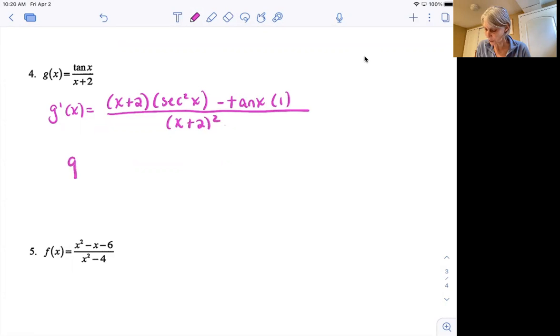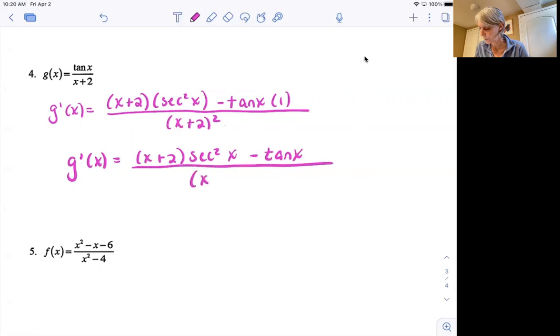There's not much I can really do here. I'll just rewrite it to get rid of that 1, but there's not much you can do to clean this up. We can't cancel an x plus 2 because it would have to be in both terms. So you just leave it alone.